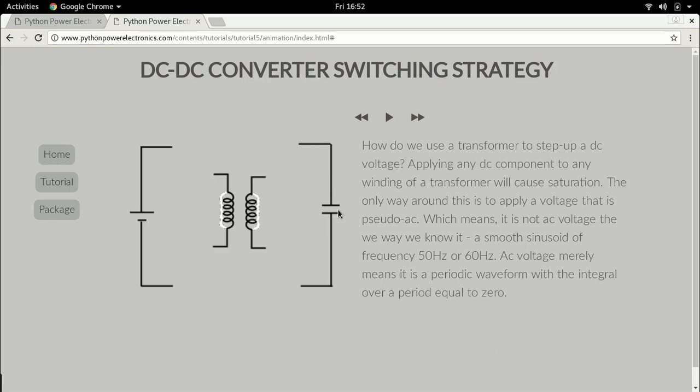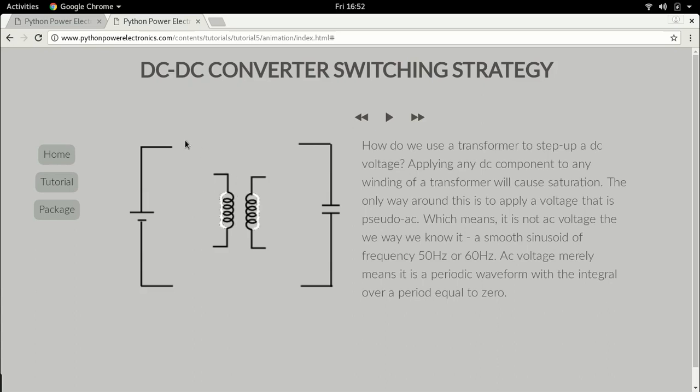How are we going to use a transformer to boost up DC voltage? If you apply a DC voltage to a transformer, you will immediately saturate. The reason? Because the flux of the transformer is the integral of the voltage. If you apply a DC voltage, the flux will saturate, it will burn the transformer. And that's the problem. We cannot directly connect this.